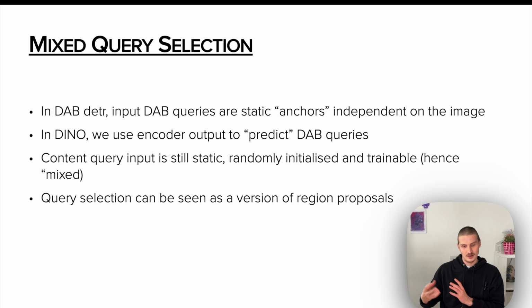They affect a lot of things. So now it becomes much more important to properly initialize the anchors. And what we mean by mixed query selection is that we now have two inputs to the decoder. The content input is still static, so it's still trainable independently of every specific image. And the anchor inputs are dynamic and actually depend on the encoder output.